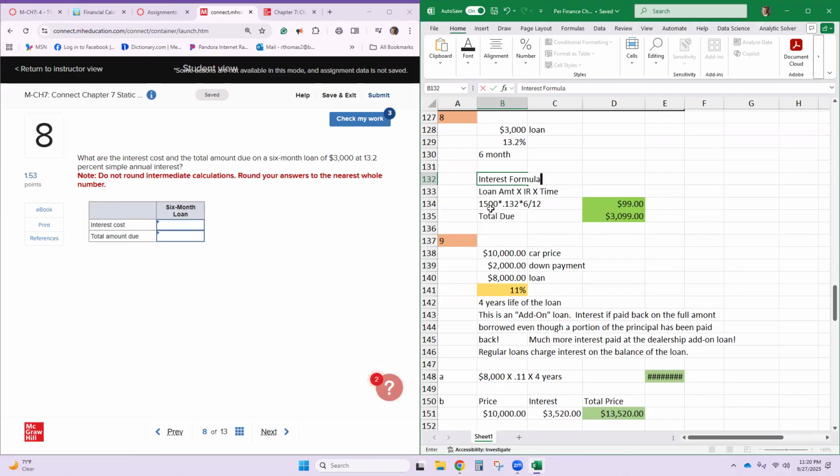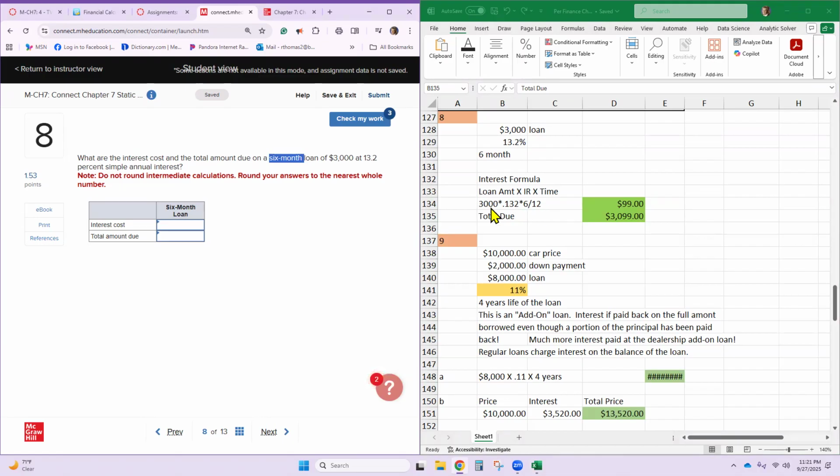Now we're going to take 3,000 times 0.132 times 6 over 12. And you say, why did you pick 6 over 12? Why didn't you just use a half? Because they said 6 months, and I go with whatever increment they're working on. That way I try to keep in mind what they're saying.